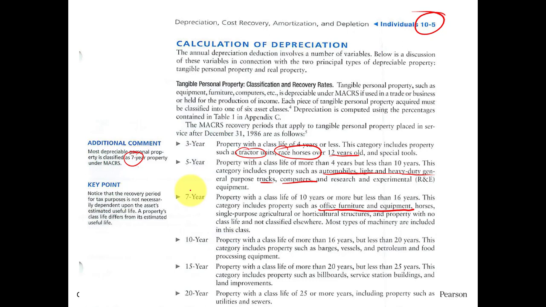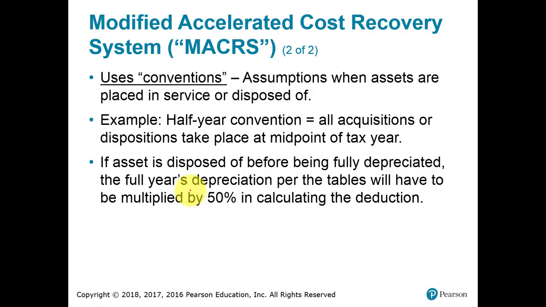When you hear the word convention, think in terms of a calculation in the first year you buy the asset and place it into use, and also in the year you dispose of the asset if you don't hang on to it for the full class life years.